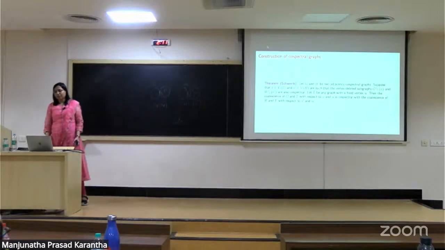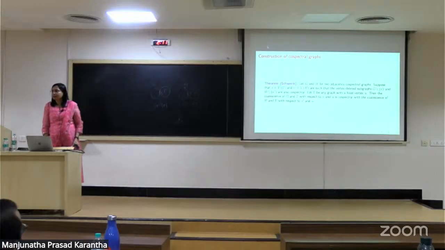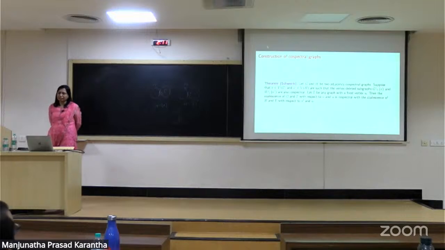Now these two graphs also will become co-spectral. So the third graph, you can choose any graph. We started with two co-spectral graphs, and then we have two vertices in those graphs so that the deletion also makes them co-spectral. Then we can attach any other graph, and we obtain co-spectral pairs.